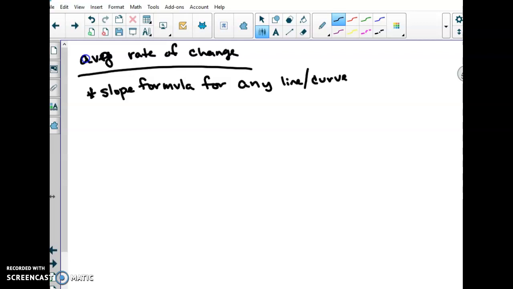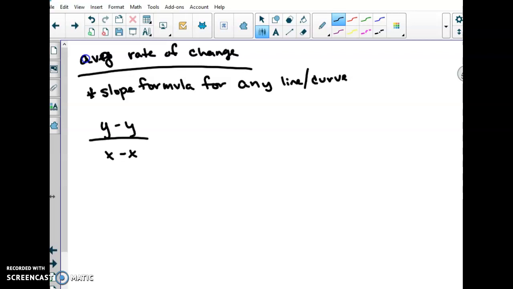Okay, so basically it doesn't matter if it's a line or a curve, the average rate of change is the same as the slope formula. It just looks a little bit differently. If you have a parabola, most people think that they can't use the slope formula. You are using the slope formula, it's just an average, it's just renamed as an average rate of change.